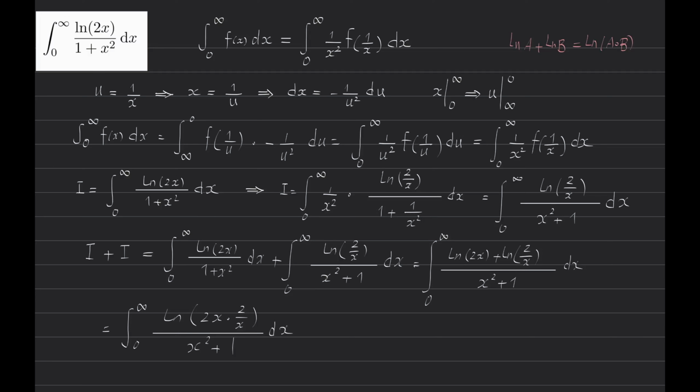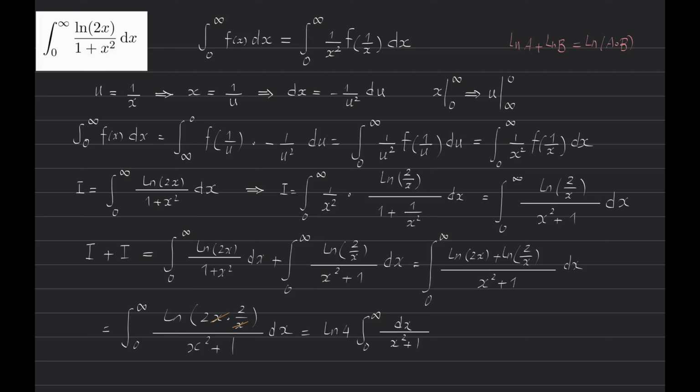The good news is that this x and that x now cancel, and 2 times 2 is 4, so it becomes ln of 4, which is a constant. I pull it out, so it becomes ln of 4 times the integral from 0 to infinity of dx over x squared plus 1.